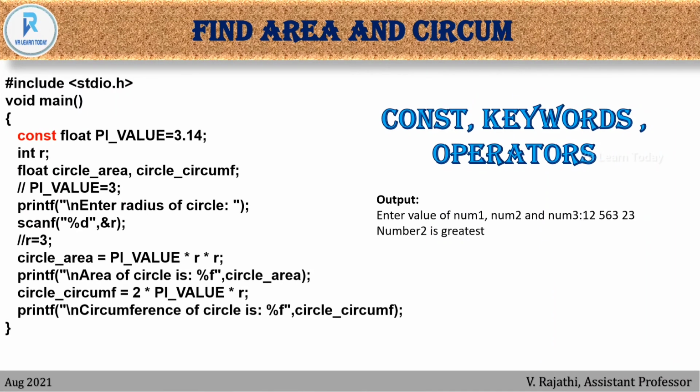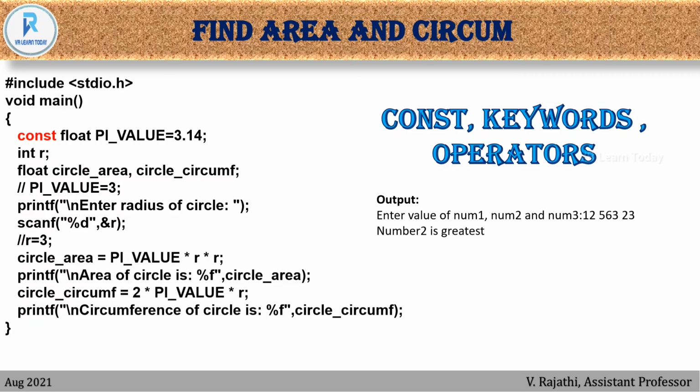And these are some programs. This program consists of all the keywords and operators, and the const keyword also. We already discussed const in the previous video. First, as usual, the header file and void main, and after that const float pi equal to 3.14.